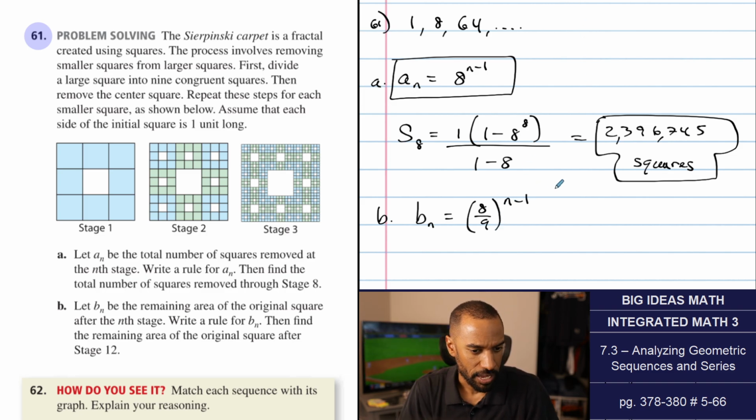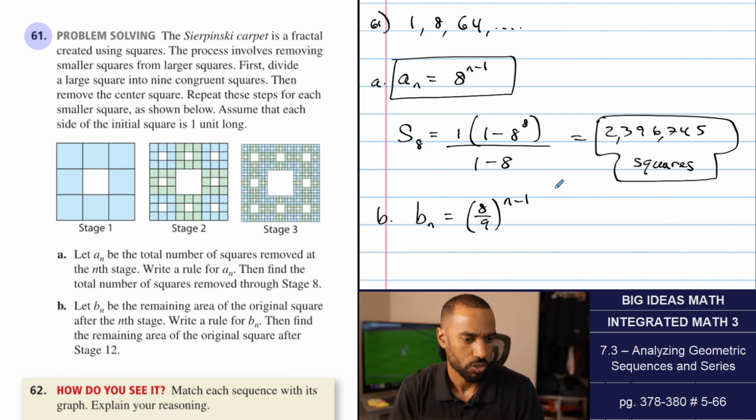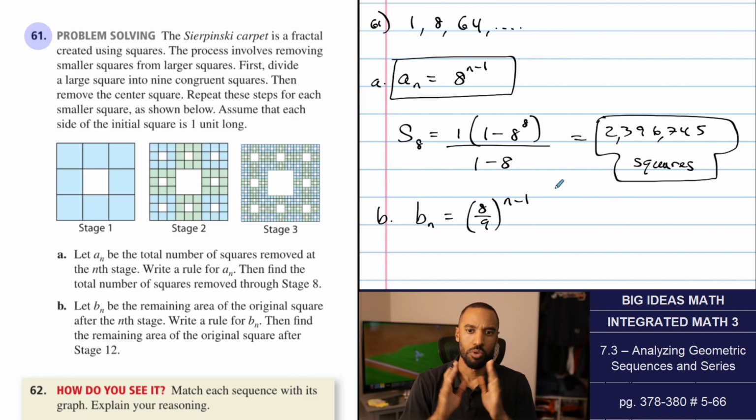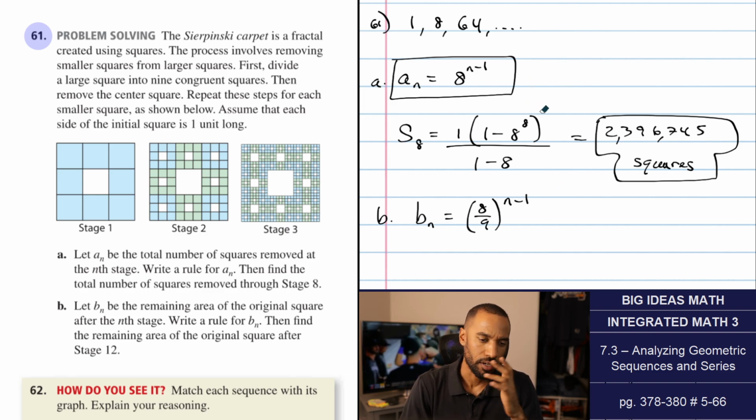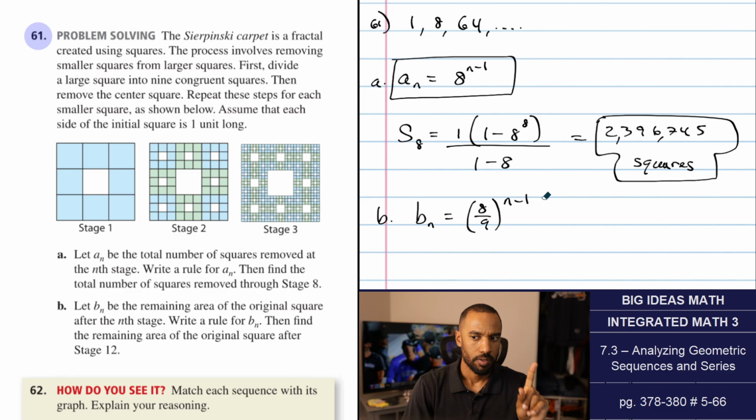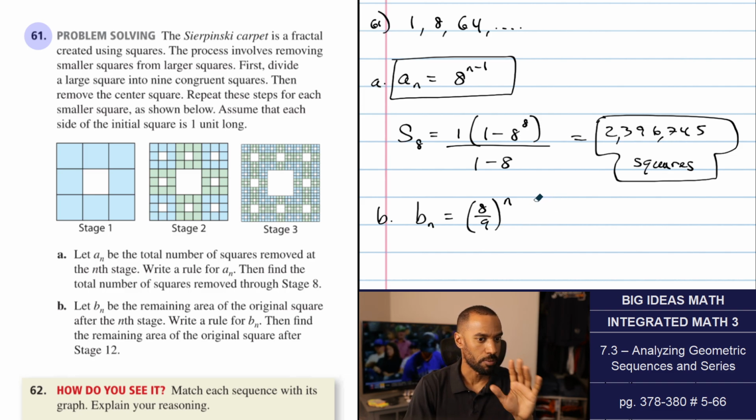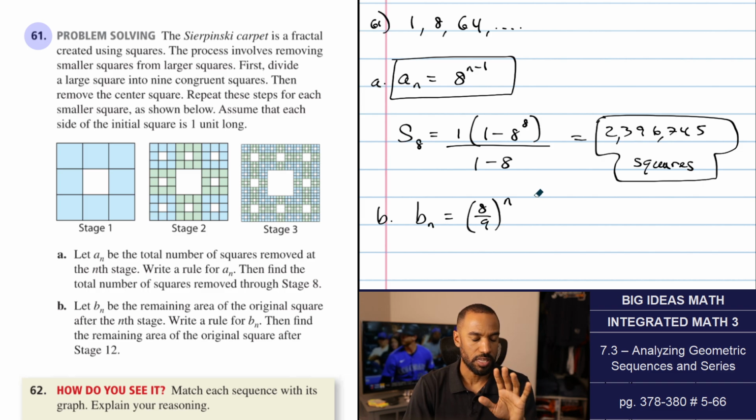After the nth stage, the remaining area of the original square after the nth stage. So if I remove, I don't know if it's n minus 1. Stage 1 should have 8/9 remaining, so it should just be 8/9 to the nth power.